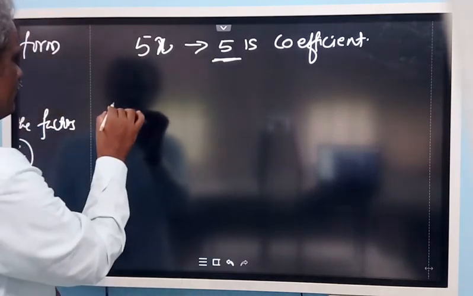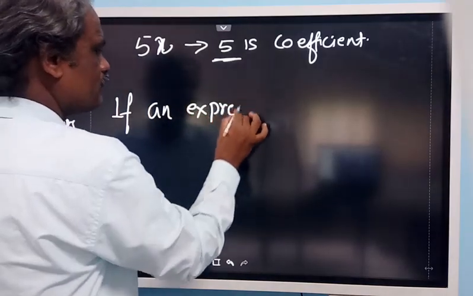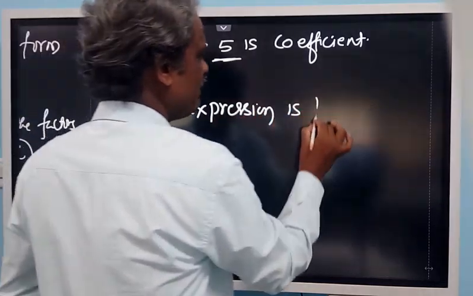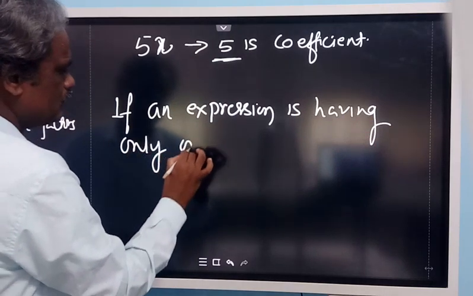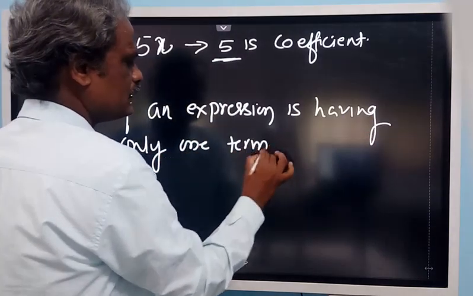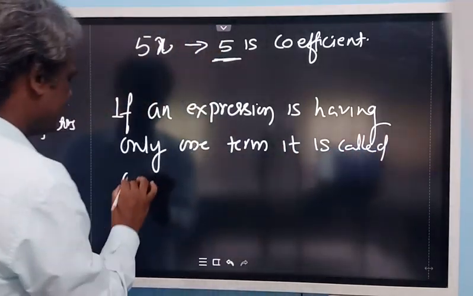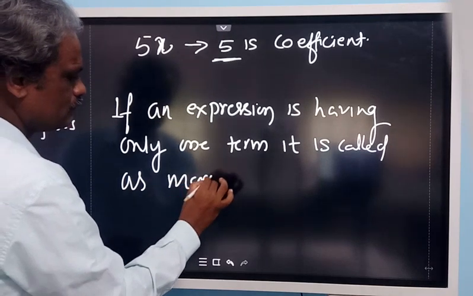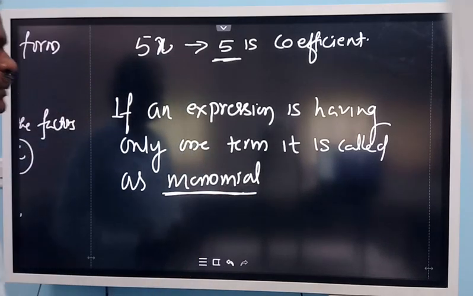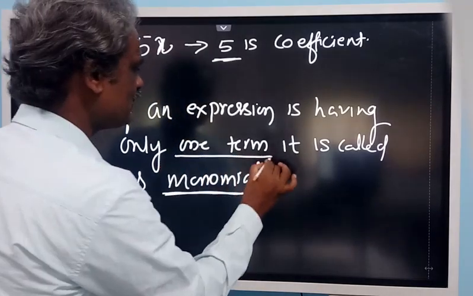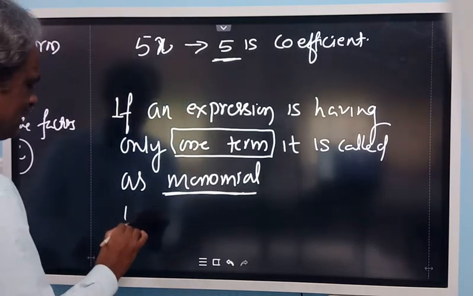Suppose an expression is having only one term, it is called a monomial. Remember this word. An expression having only one term is called a monomial.